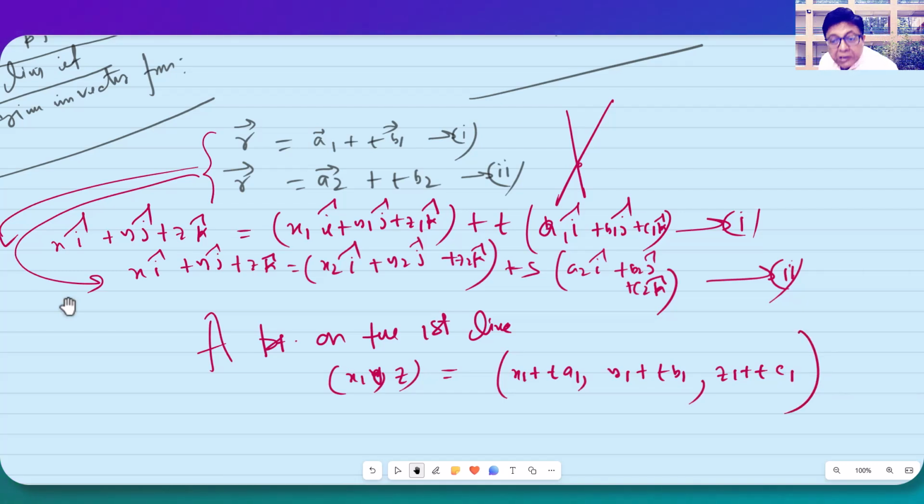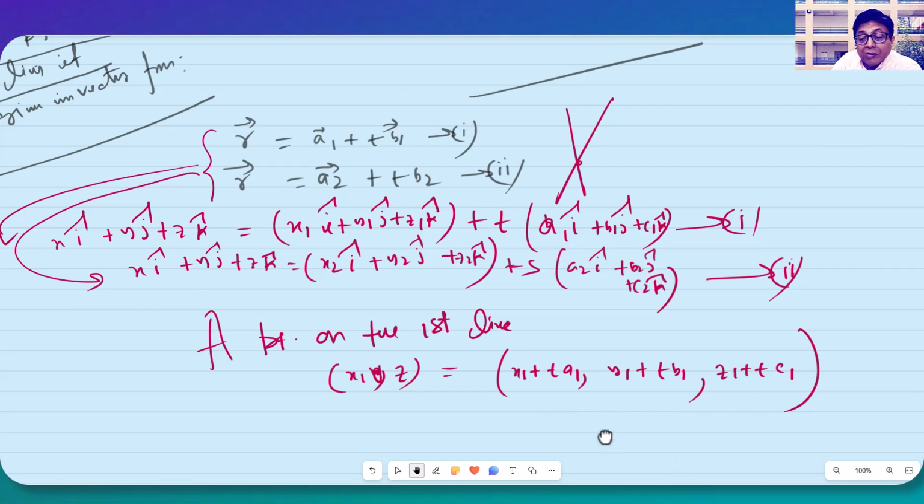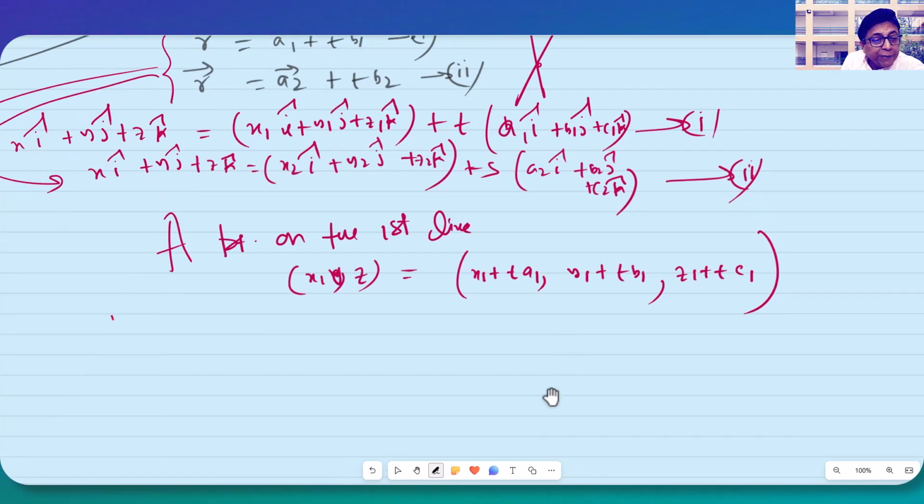Okay? So a point on the first line we have taken in terms of parameter t, because a1, b1, c1 and x1, y1, z1 are known.